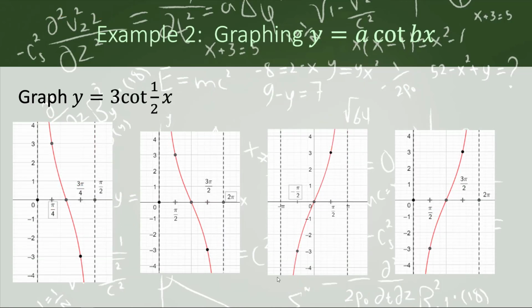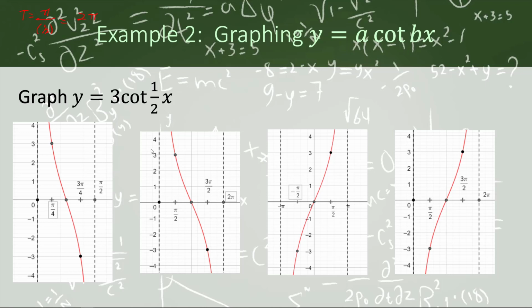Okay, here we want to graph 3 times the cotangent of 1/2 x. First we want to find the period. The period is going to be equal to pi divided by b, which is pi divided by 1/2, which will be equal to 2 pi. So T is equal to 2 pi.